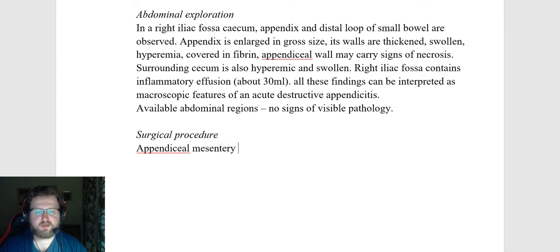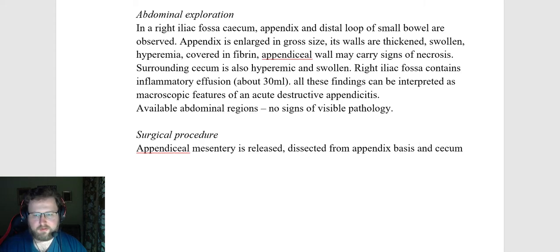So appendiceal mesentery is released. Dissected from appendix, basis, and cecum. Clamped with Kelly clamps.